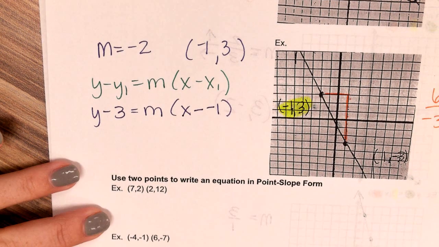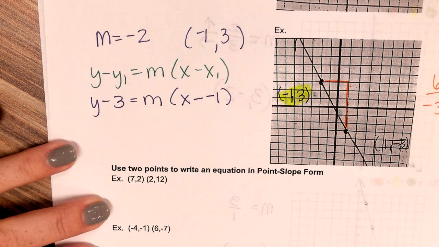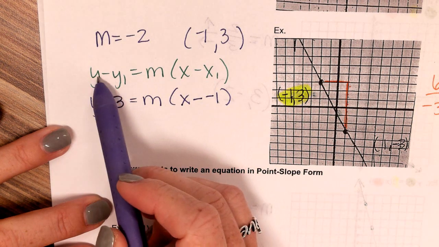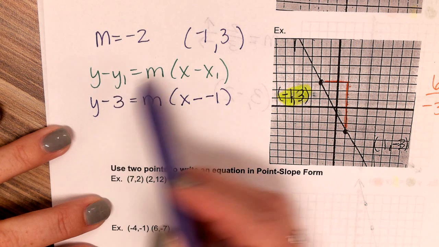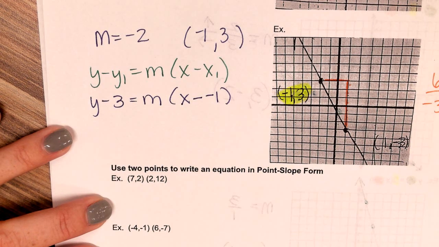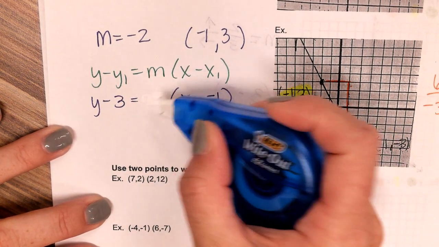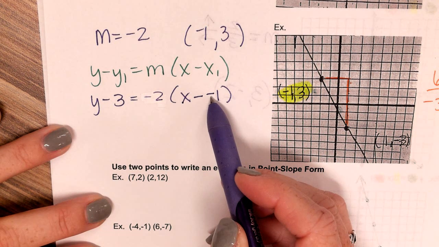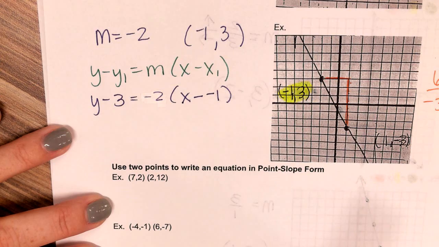Okay, I did it, but I have not simplified it. So the equation says y minus the y value. So y minus, what's the y value? 3 equals m. Oh, I forgot to put my m. Equals -2, x minus the x value, which is -1. Now I go simplify it.